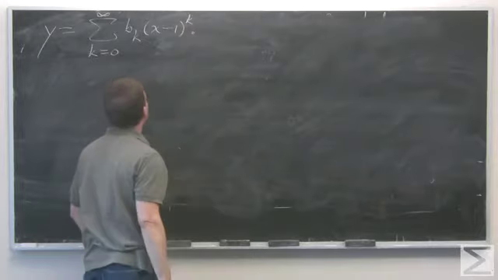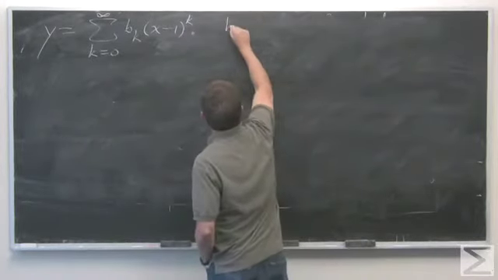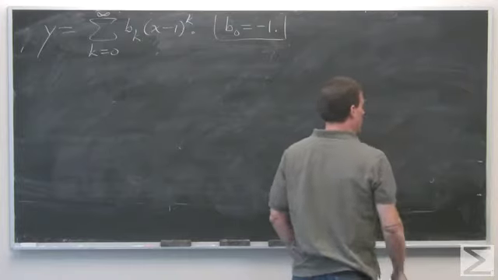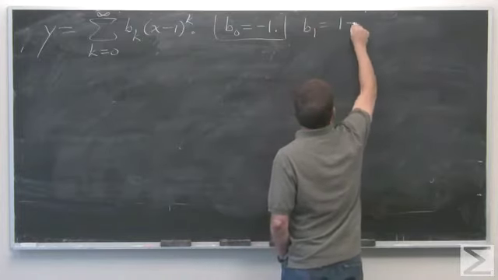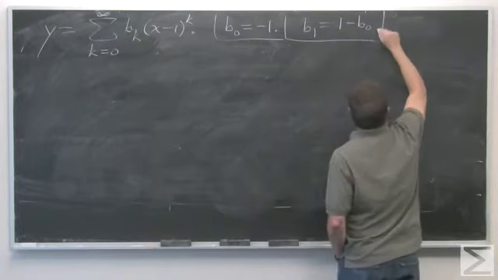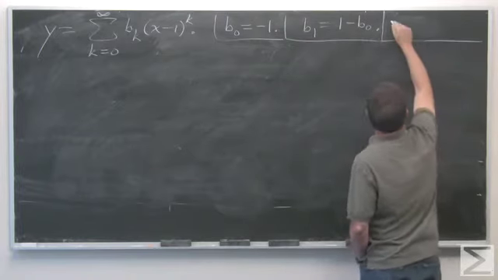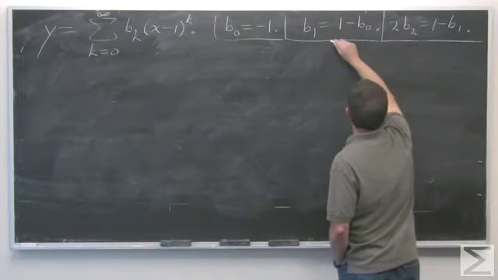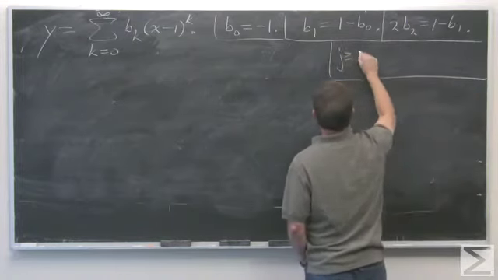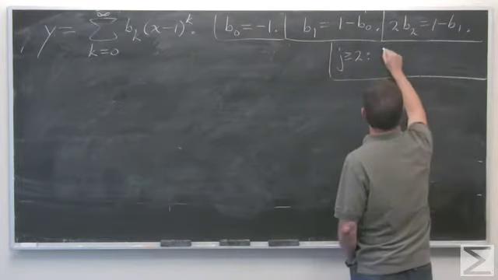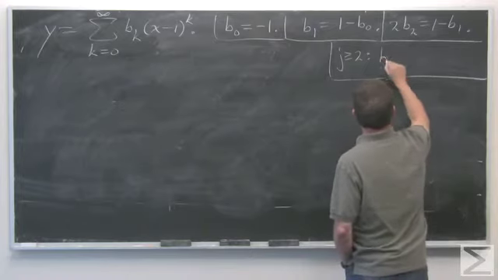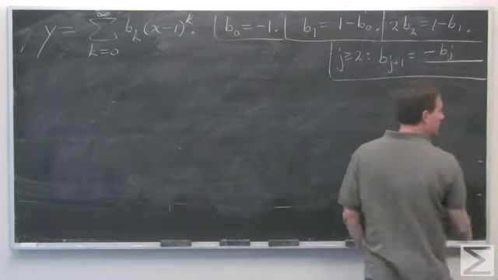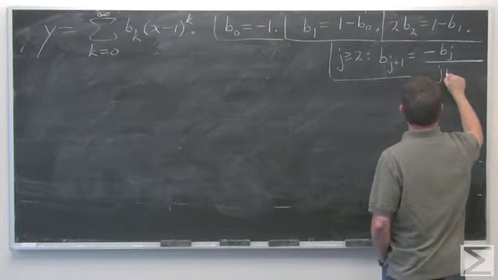And what we know now is that to have a solution of that form, we need b naught equals minus 1, b1 equals 1 minus b naught, 2b2 equals 1 minus b1, and then our big iterative formula for j greater than or equal to 2: actually let me divide by j plus 1, b sub j plus 1 is minus b sub j divided by j plus 1.